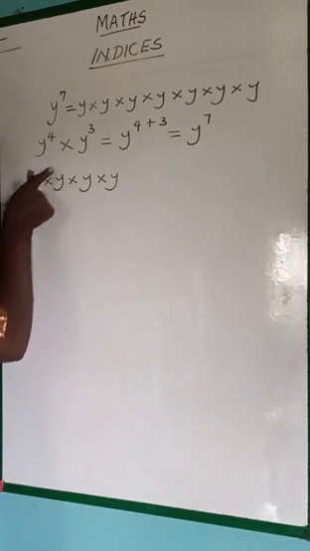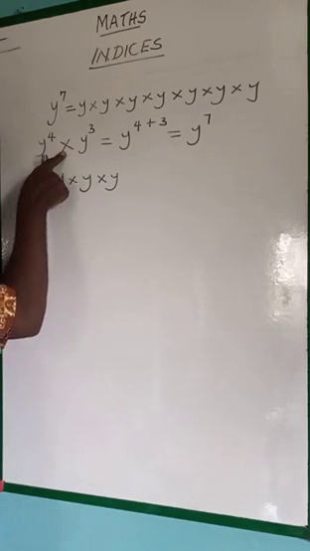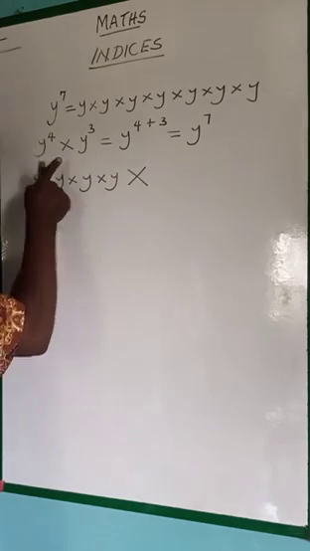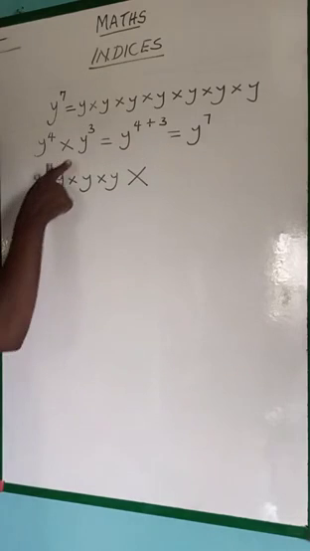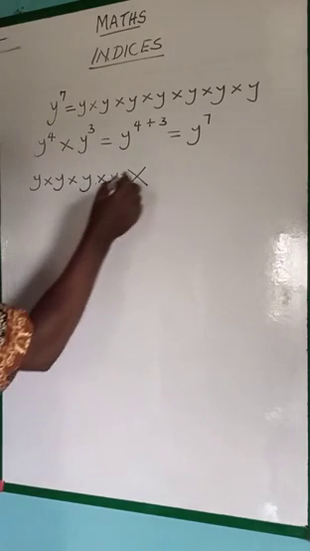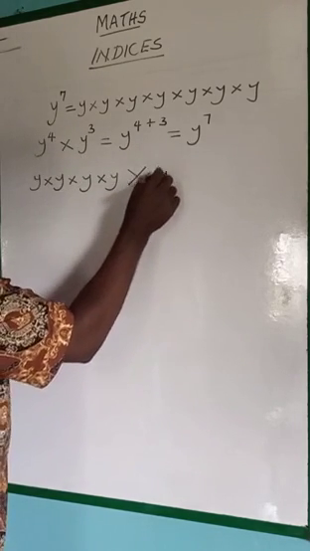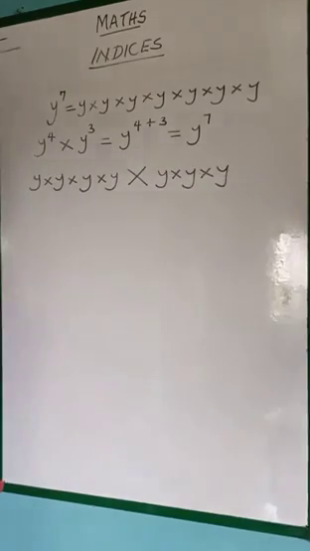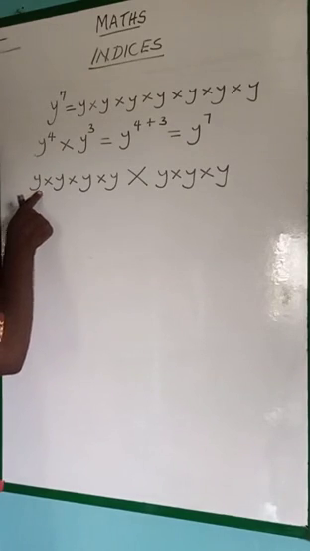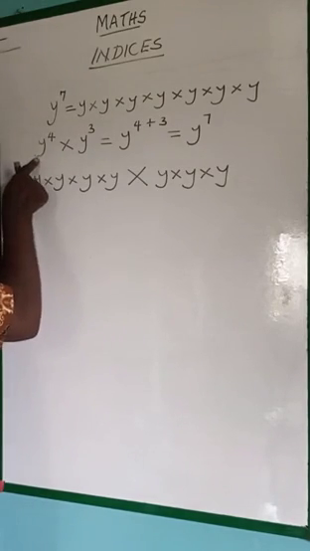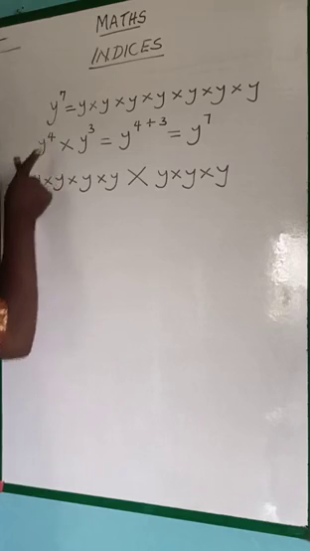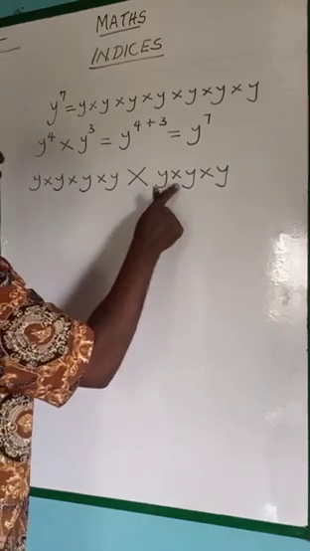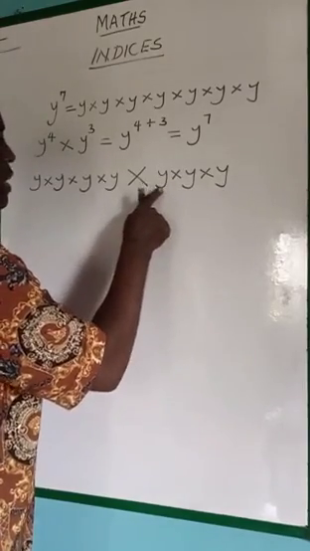Okay, we are going to introduce the big times, or multiplication sign rather. Then we have y raised to power 3. We can now represent that one as y times y times y. Meaning we have y into 4 places, which represents y raised to the power of 4. Then y raised to the power of 3 is represented with y into 3 places.